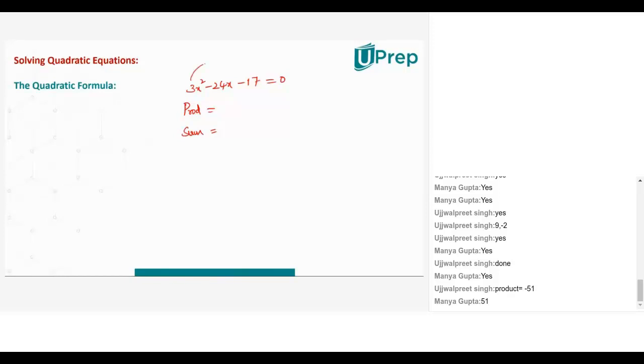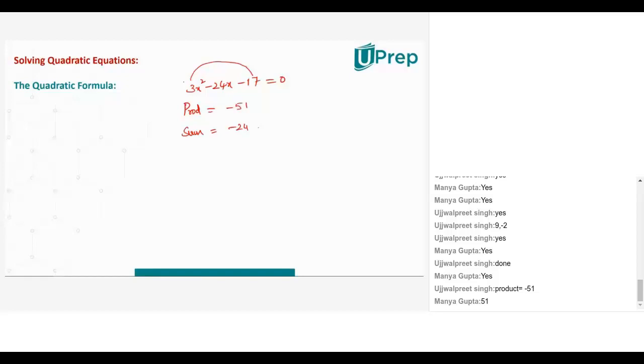The product should be minus 51, the product of 3 and minus 17. I need the product to be minus 51, and what should be the sum? Minus 24. And I'm stuck with the numbers because, Manya, it's not 51, it's 3 into minus 17, so it should be minus 51.